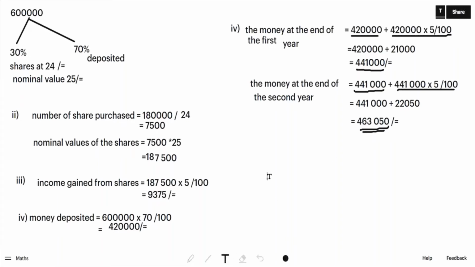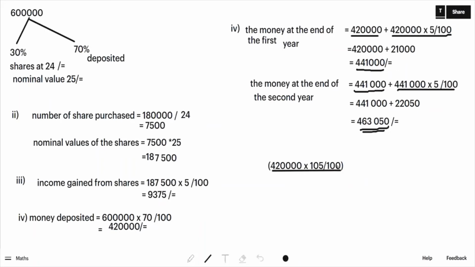The other way to do it is, we have 420,000 in the bank. At the end of the first year, we will be having 105% of this money. We will be having 105% because they are giving us 5% more. This is the amount at the end of the first year.